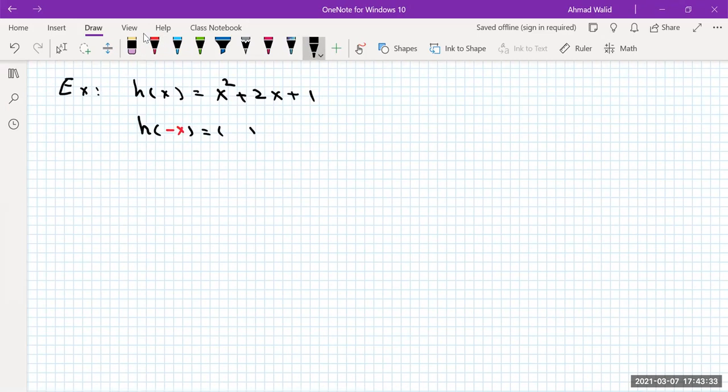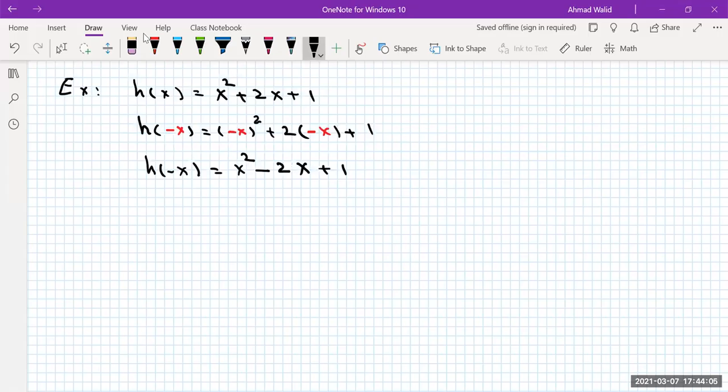Then you will end up here with negative x squared plus 2 times negative x plus 1. Simplify. H of negative x equals negative x squared gives you positive x squared.